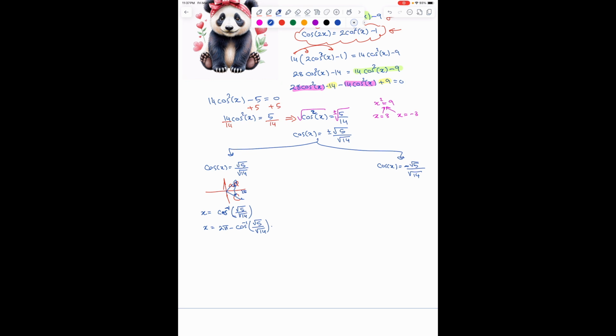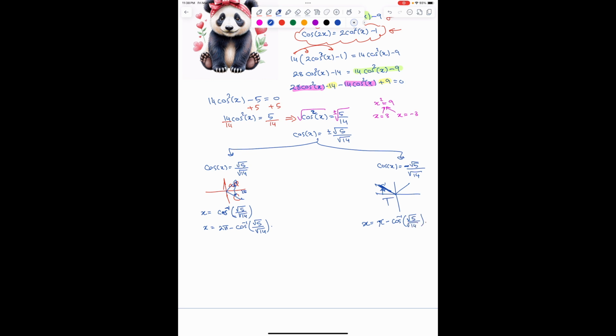In the other case, notice how the cosine is negative in the second quadrant and the third quadrant. In the second quadrant, it's the same reference amount, so it's going to be pi minus that amount. So the solution here is pi minus inverse cosine of square root of 5 over square root of 14.